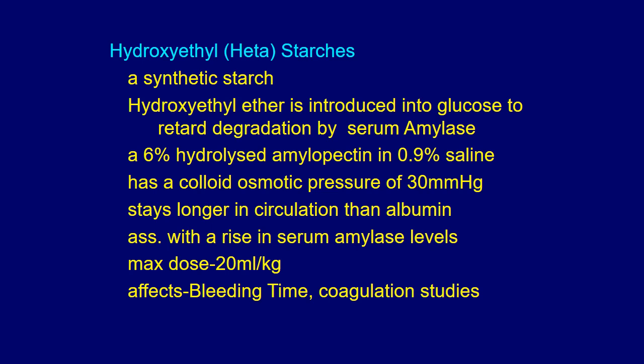It has a colloid osmotic pressure of 30 millimeters of mercury, so it stays longer in circulation than albumin, and it is associated with a rise in serum amylase levels. Generally, the maximum dose of infusion of hydroxyethyl starch is 20 milliliters per kilogram body weight of the patient, and it can affect bleeding time and other coagulation studies as we discussed earlier.